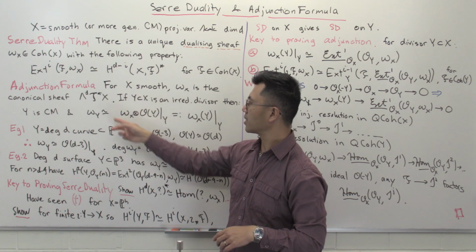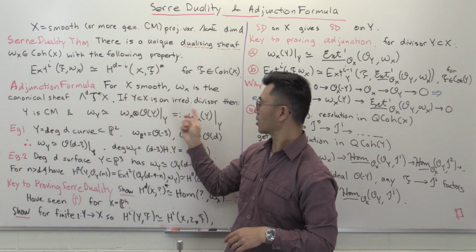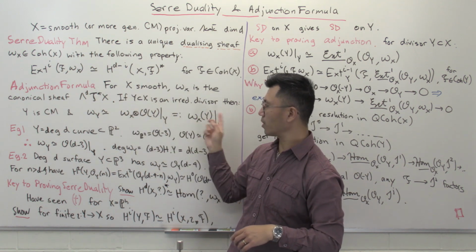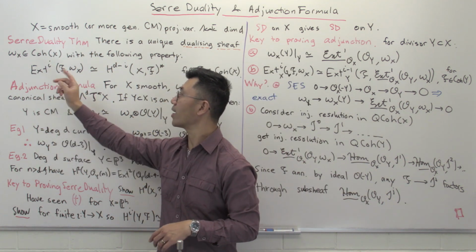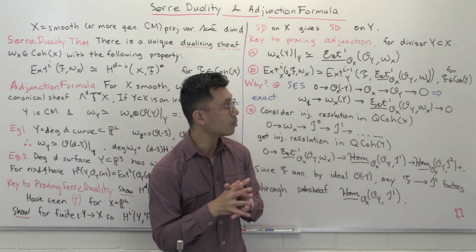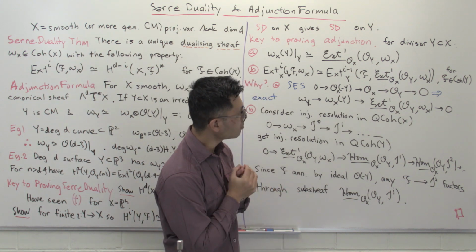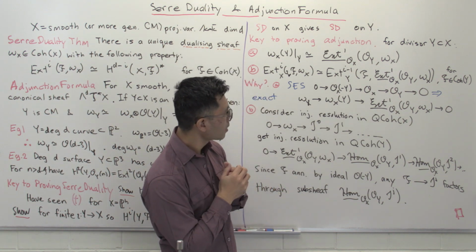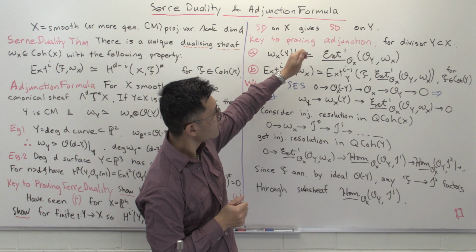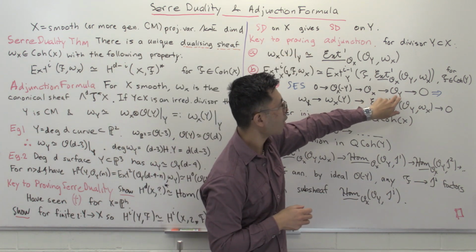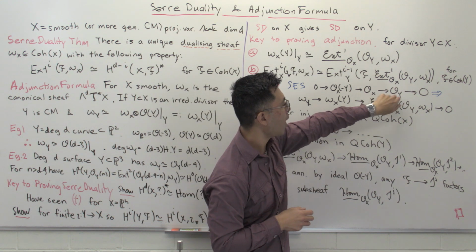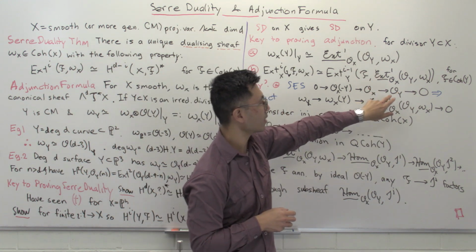And in this particular case it will be an invertible sheaf because it's a restriction of an invertible sheaf. But in general, if you have X that's just Cohen-Macaulay, it won't necessarily be an invertible sheaf. So that suggests to you that when you try to Hom OY into omega X, you don't get anything, and that's the case.